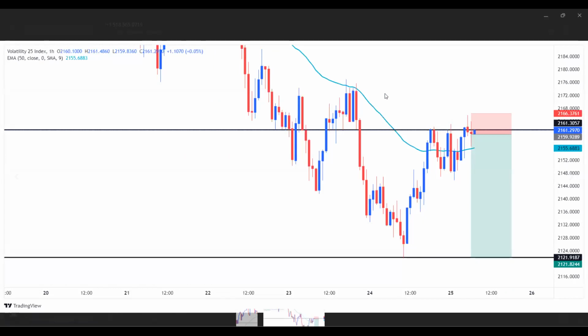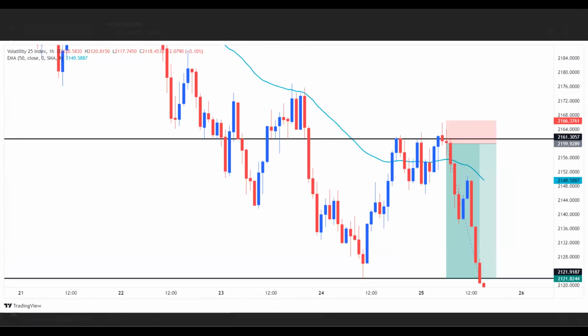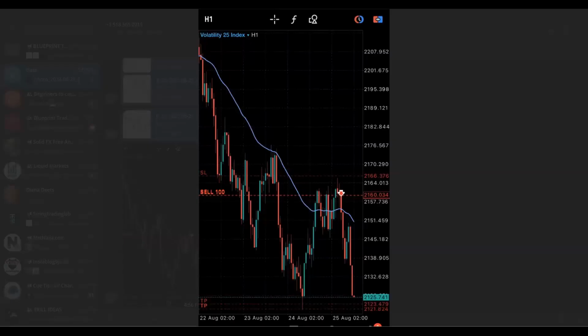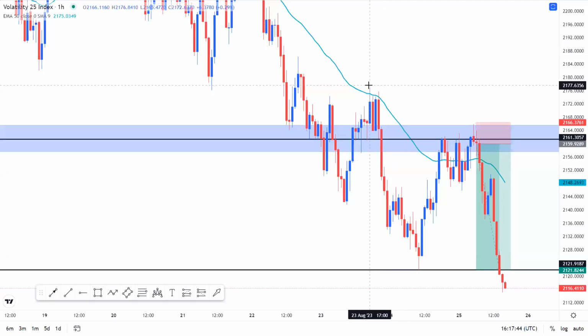As you can see, this is my exact trade entry and the aftermath. So without wasting any more time, let's get right into the breakdown.